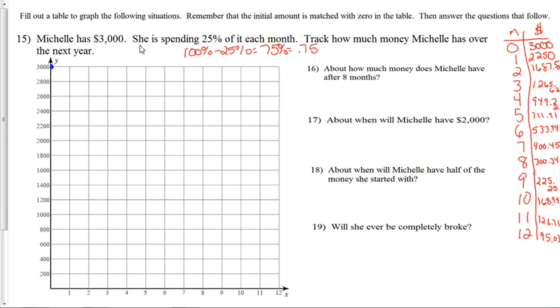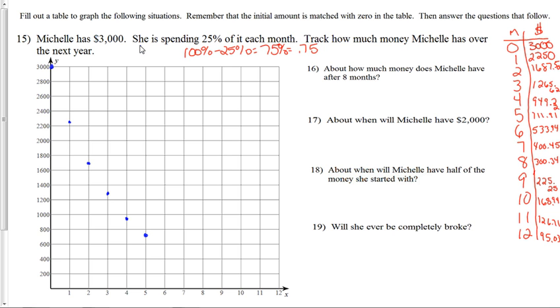0 is matched with 3,000. 1 is matched with 2250. Let's see, 1687. 1265. 950. 711.